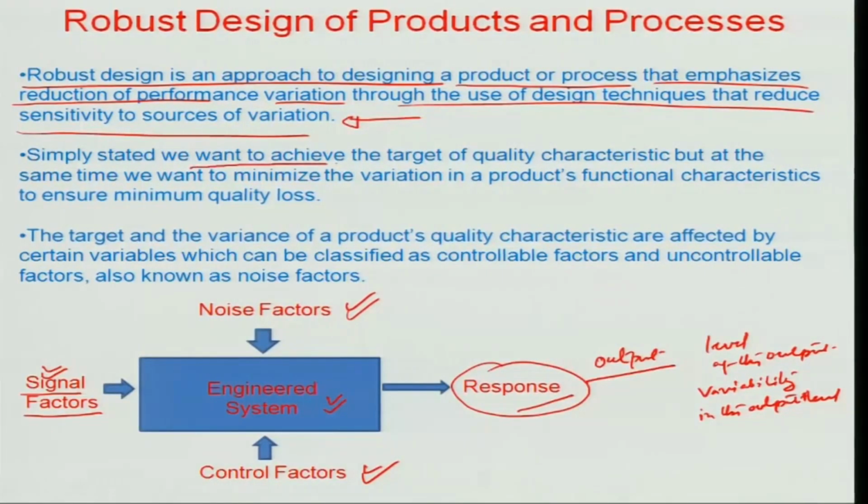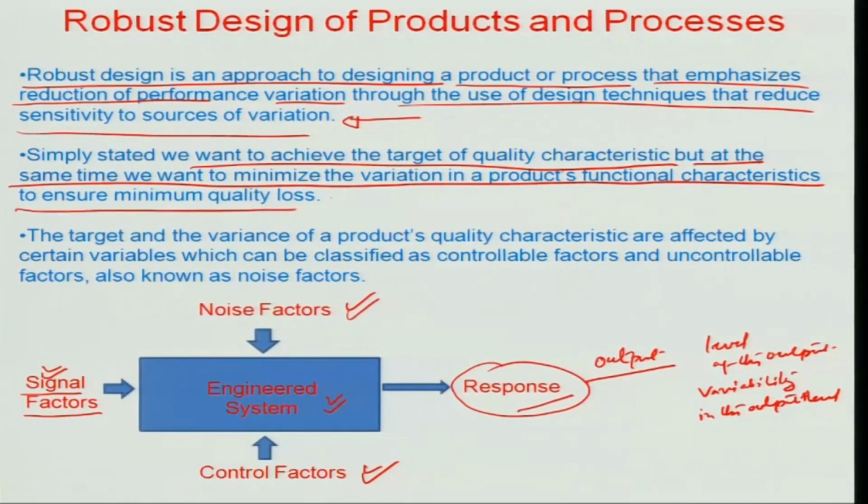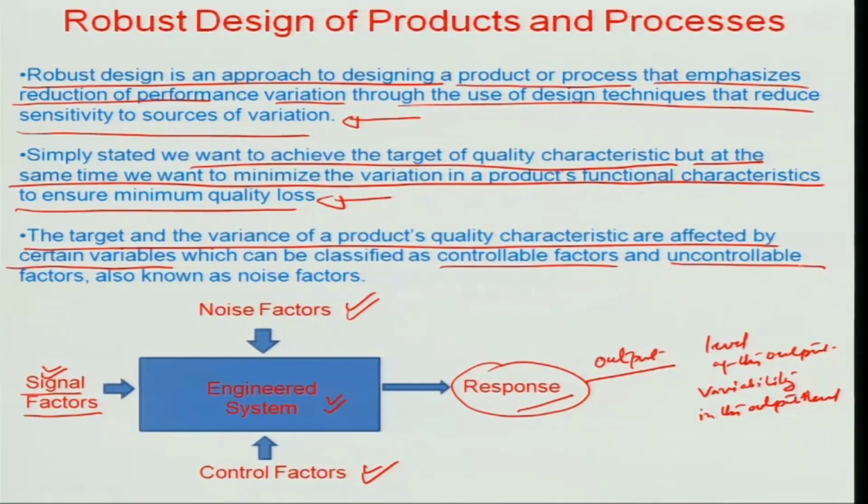So simply stating, we want to achieve a target quality characteristic, but at the same time we want to minimize the variation in the product's functional characteristics, and that's typically because we wanted to have a minimum quality loss associated with this particular product.